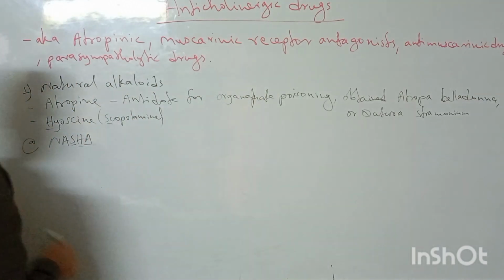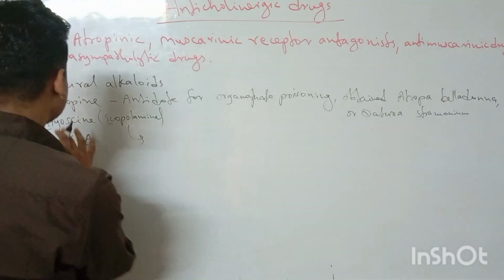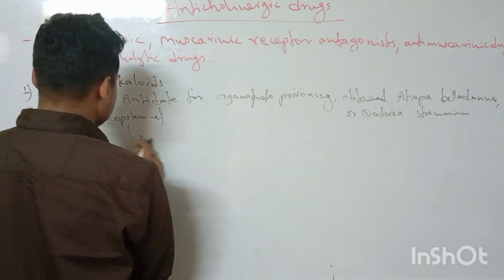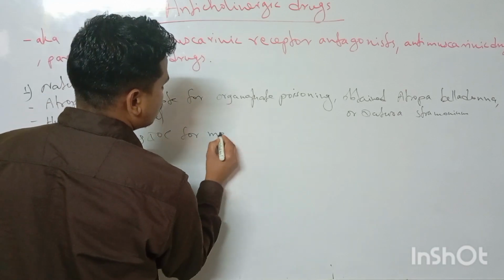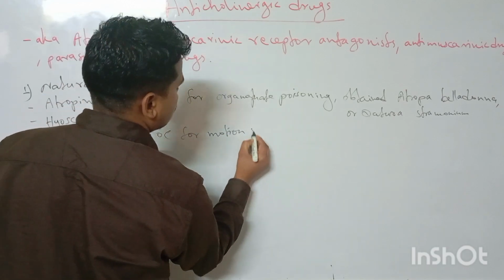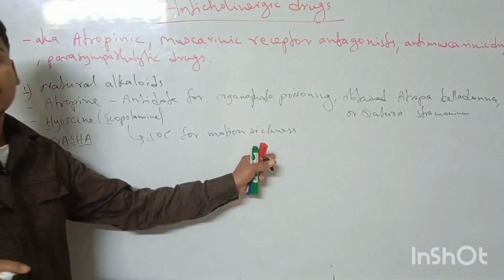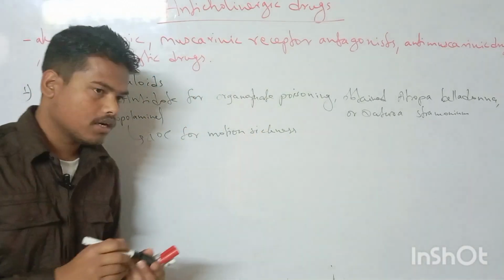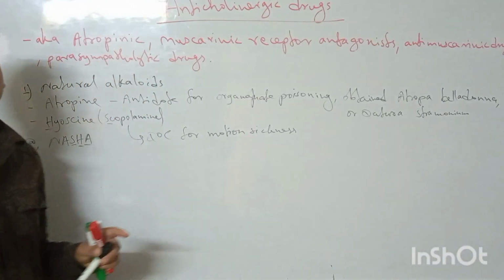Now hyoscine is again a very important drug. This is the drug of choice for motion sickness. I hope you know motion sickness, which means vomiting during traveling.